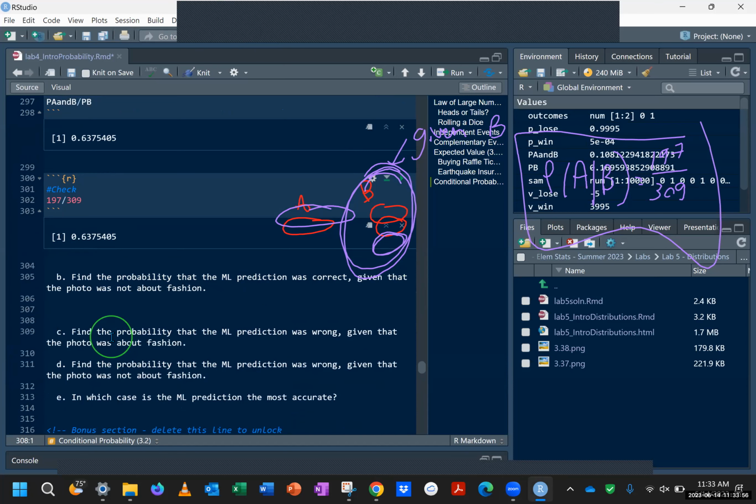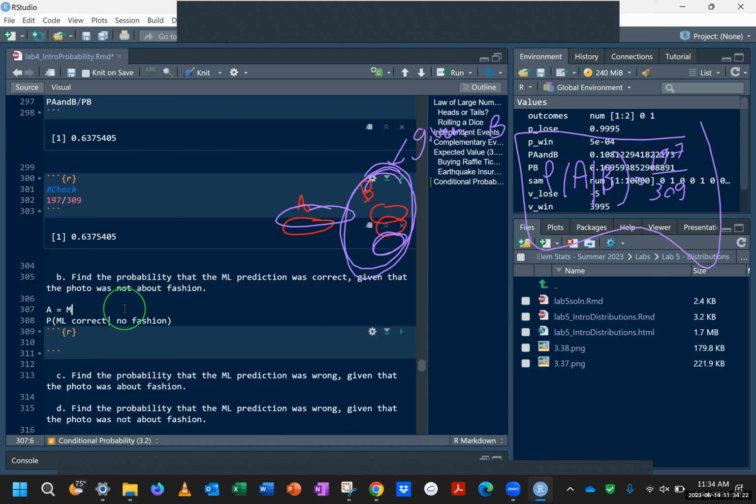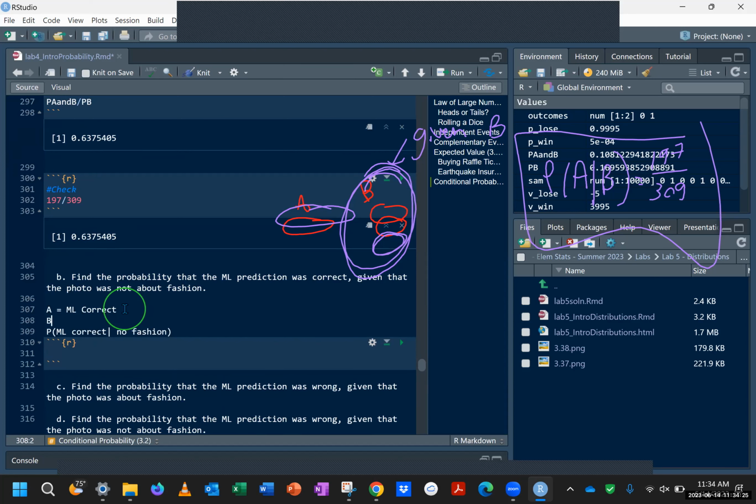Okay. So I want to call probability of ML correct given not fashion. Okay. So A is ML correct. B is not fashion. So I'm going to do it like this.